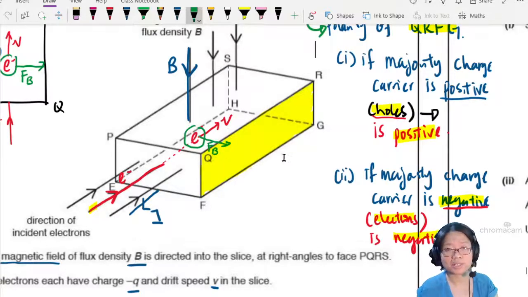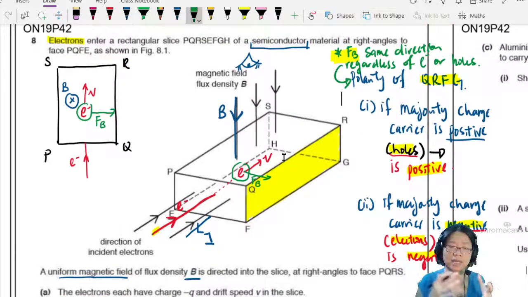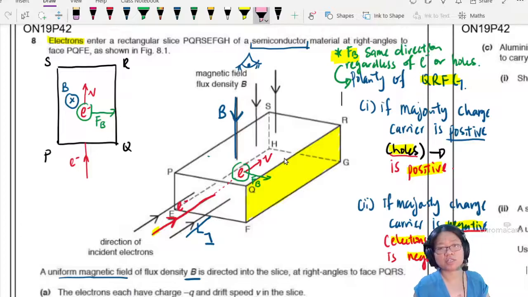So I went into this discussion to help explain to you that the type of semiconductor will change the polarity of your Hall voltage. Because right now, I don't know whether this yellow phase is positive or negative, just like I would not know whether the opposite phase here is positive or negative. All right.